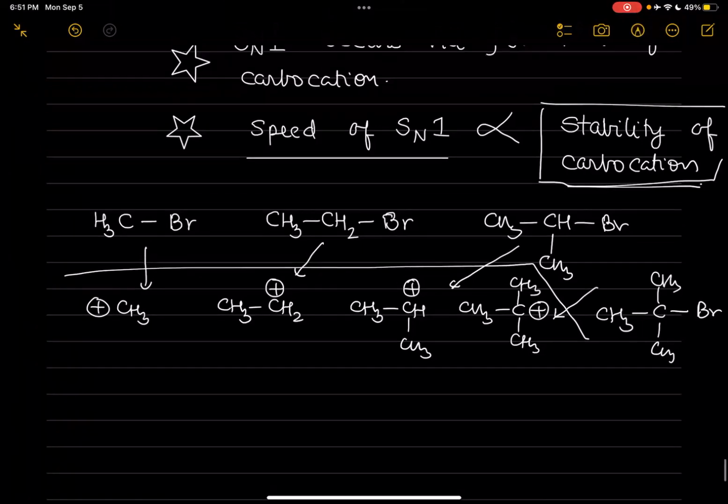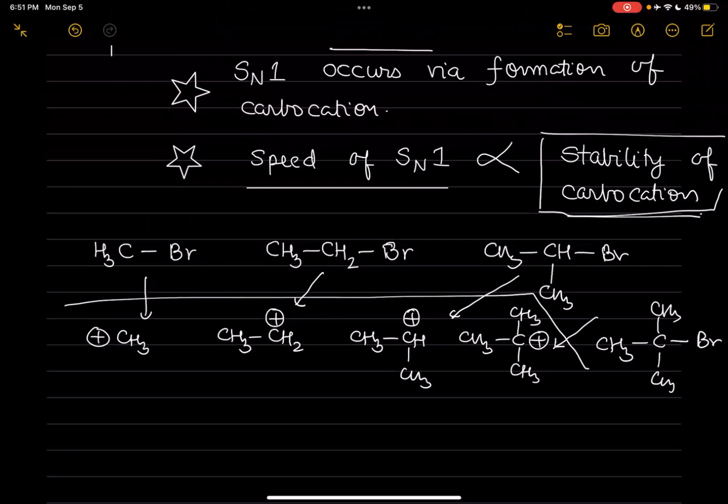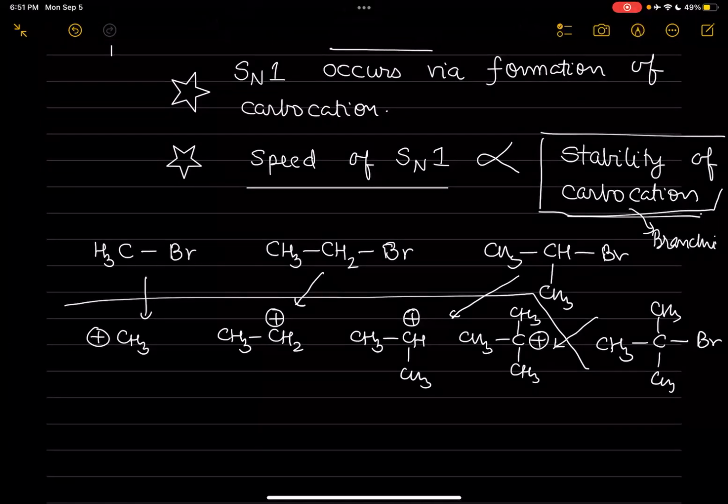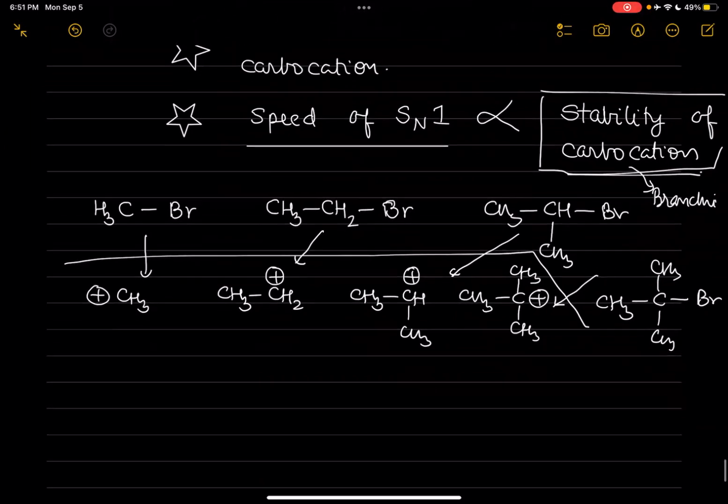The stability of a carbocation is directly proportional to branching. If there are more and more alkyl groups connected to C plus, then those alkyl groups can push their bonded electrons towards the C plus, so that the C plus can get some electron density and it will become stable.